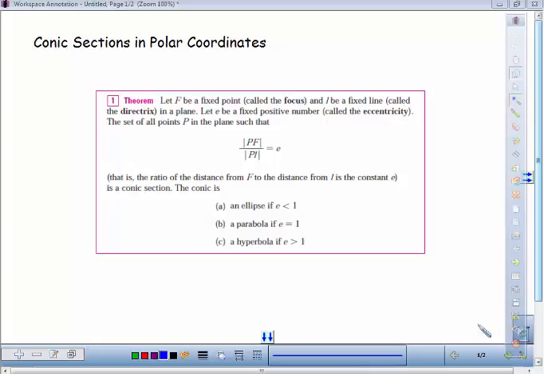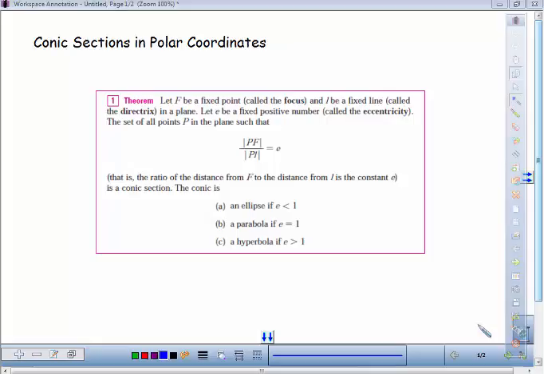First, there's a definition for this E, which is not Euler's number, that 2.714. Instead, when you're dealing with polar coordinates and conic sections, this is referred to as the eccentricity. So it says F is some fixed point called a focus.